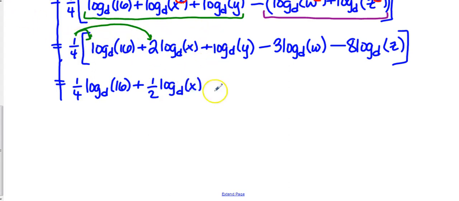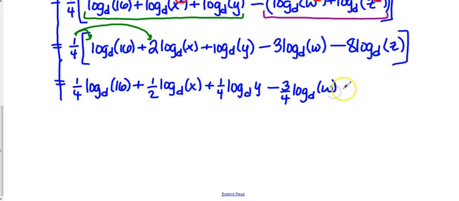Now sending 1/4 to this term, plus 1/4 log base d of y minus 1/4 times negative 3 would be minus 3/4 log base d of w. And then last but not least, 1/4 times 8. That becomes 8 divided by 4, which is 2 log base d of z.